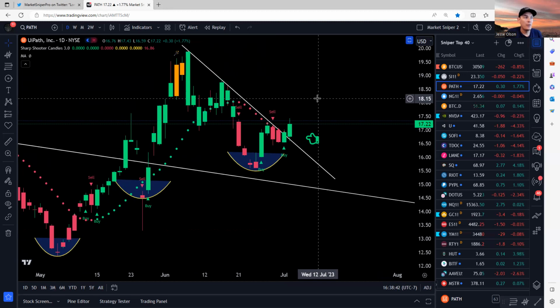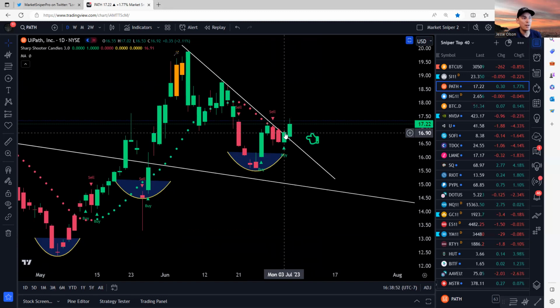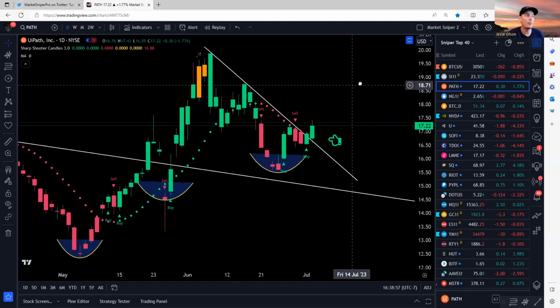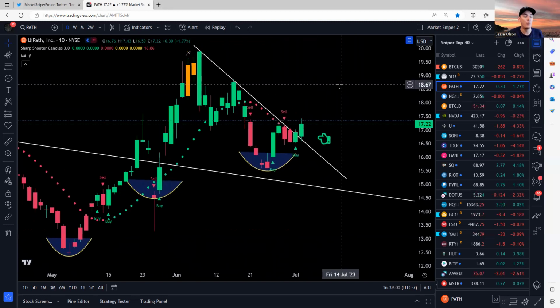The MACD still hasn't crossed over bullish, but it's not factored into me taking the entry. When it's crossing this trend line and I'm seeing a close on top of it, and I've been watching it this entire time, amongst other things, then I'm looking for that buy the dip scenario. So that's the daily right there.